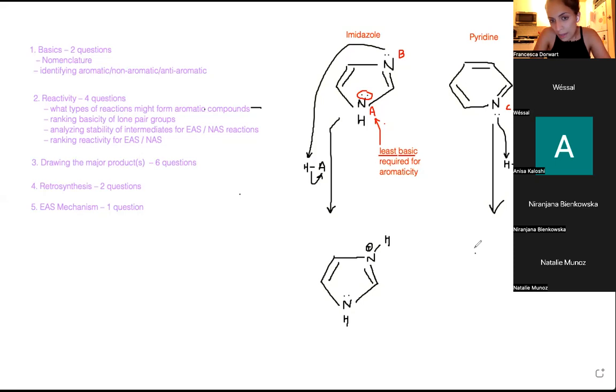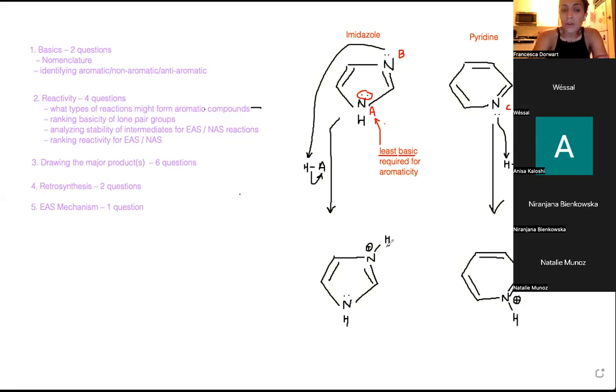And then we have here, okay. So both of these are now protonated, positively charged.